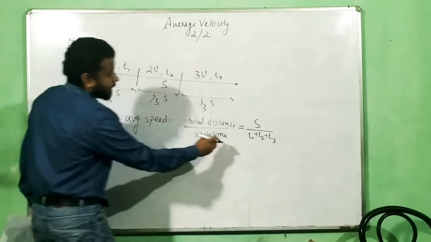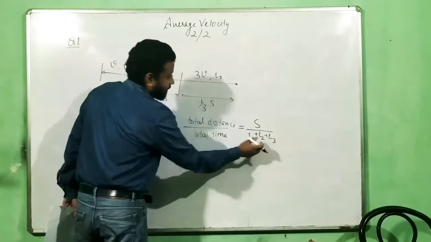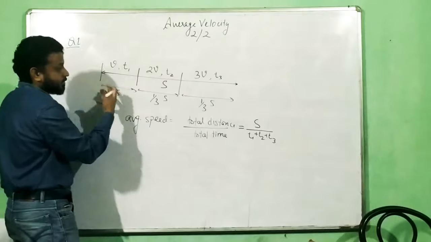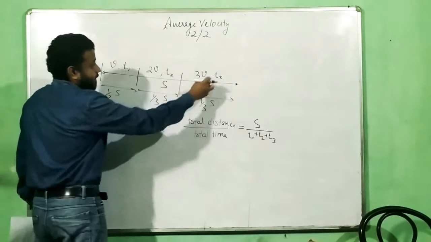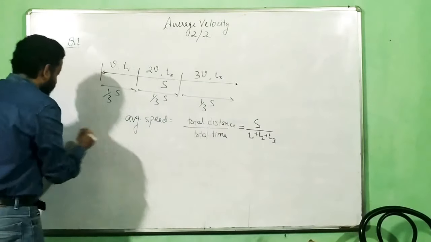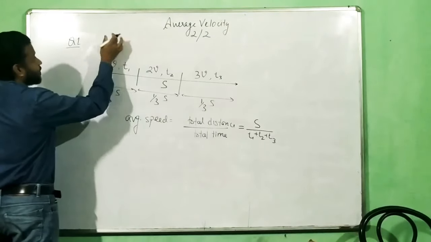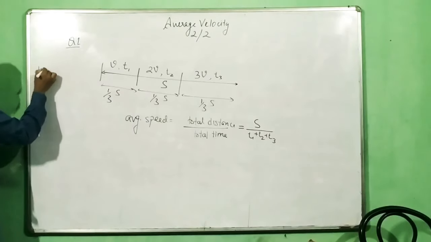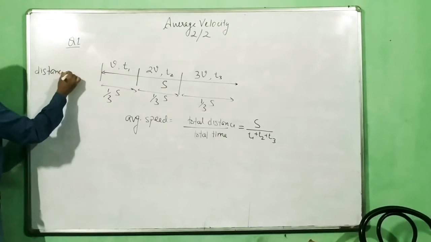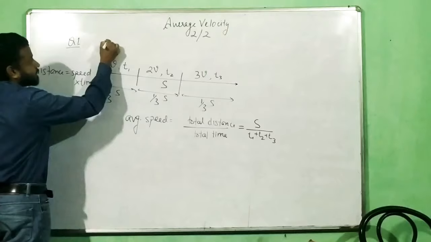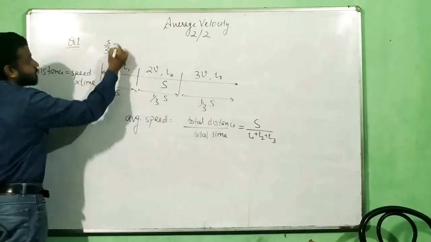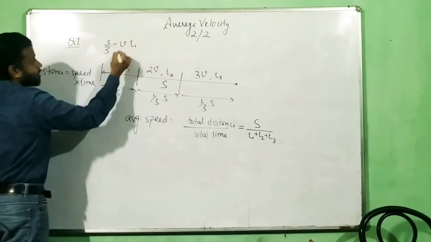Now you have to take care of t1, t2 and t3. That means you have to write the value of t1 in terms of s and v. Remember, v and s are the given parameters. You have to write t2 and t3 also in terms of s and v. If I use the formula distance equals speed multiplied by time, here the distance s by 3 equals speed v multiplied by time t1.